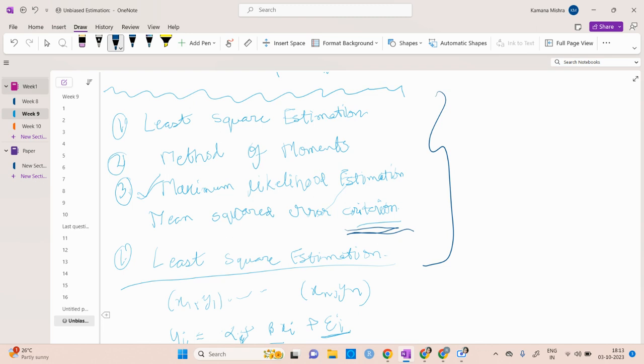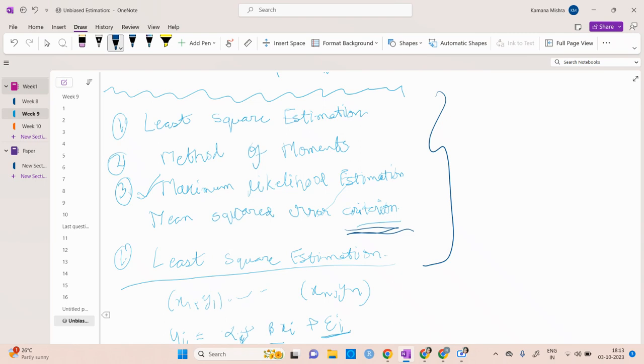Now in maximum likelihood estimation, if we have the PDF of x1, x2 up to xn, then we find its MLE firstly by finding the likelihood function. The likelihood function is given, when all the xi's are independently distributed, by the multiplication of their PDFs.